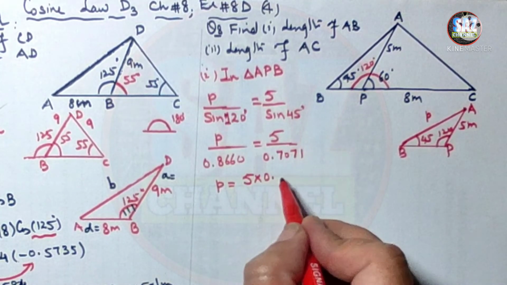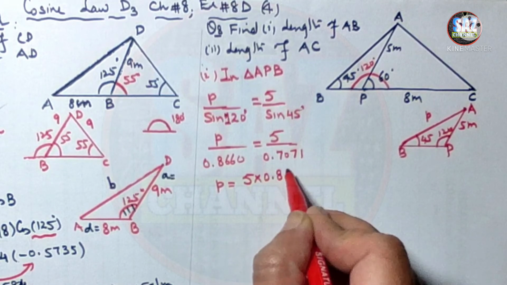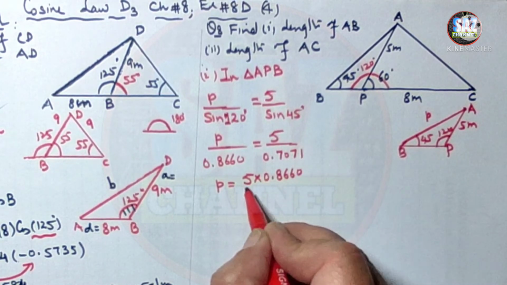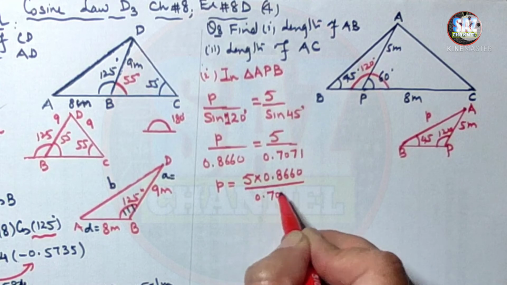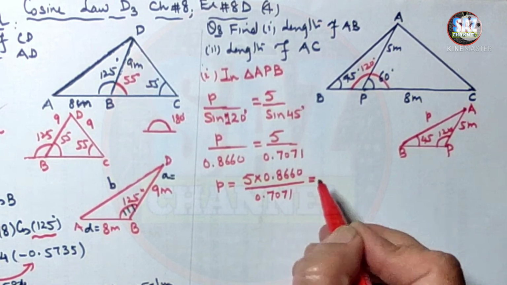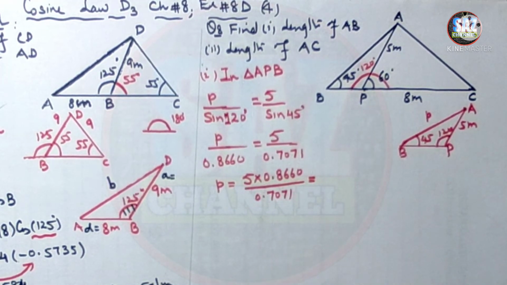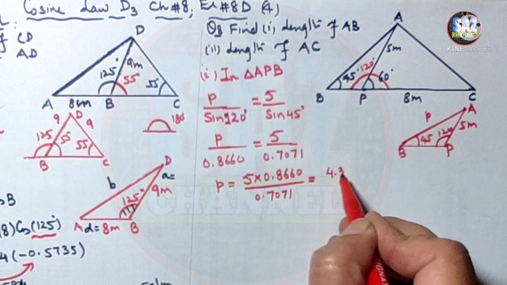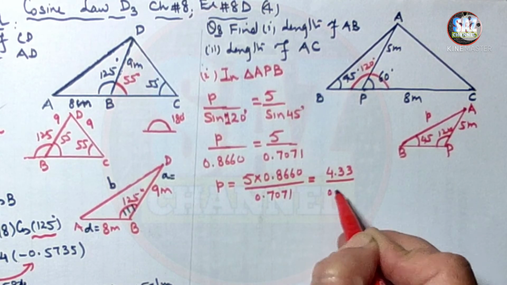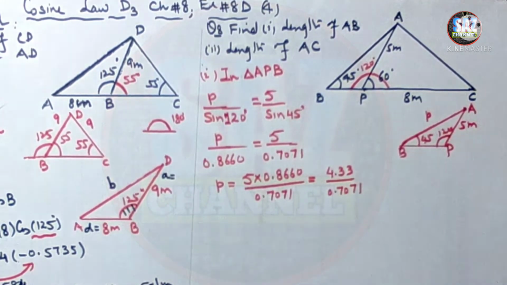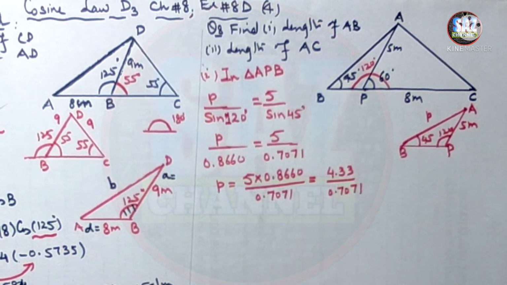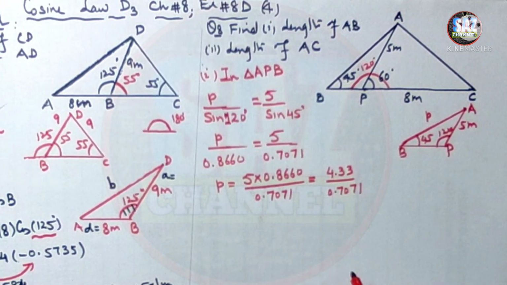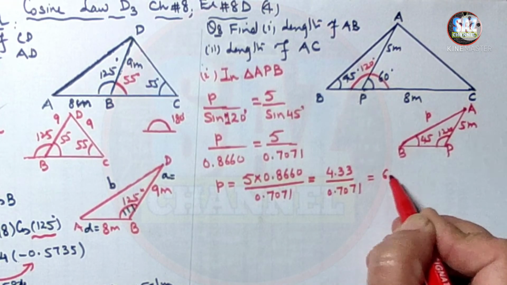Now P will be equal to 5 multiplied by 0.8660 upon 0.7071, going for cross multiplication. Get the product: 5 multiplied by 0.8660 is 4.33, divided by 0.7071, and this is 6.12 meters.